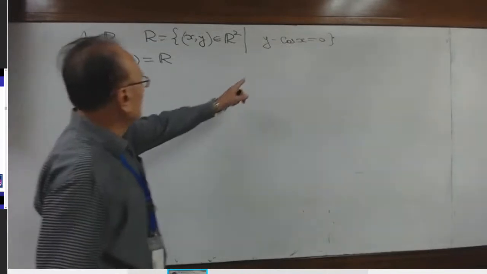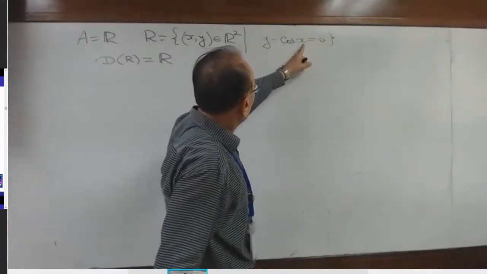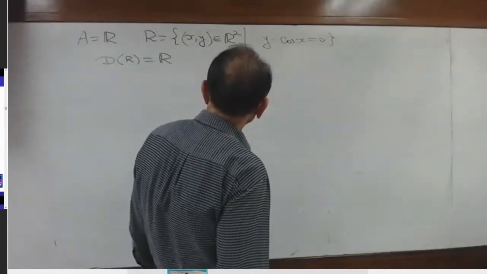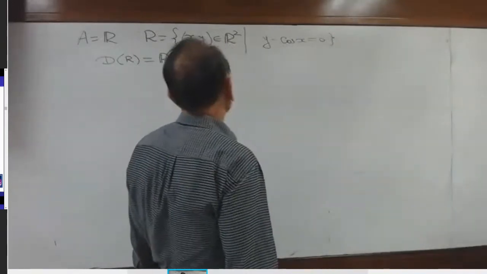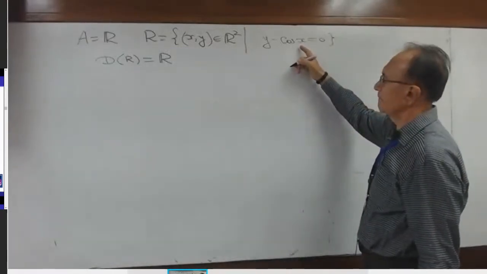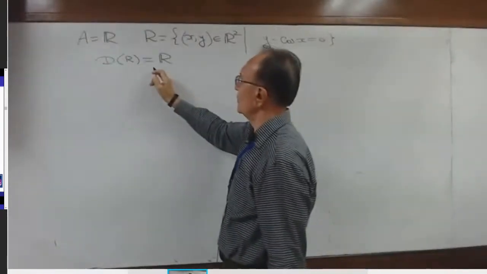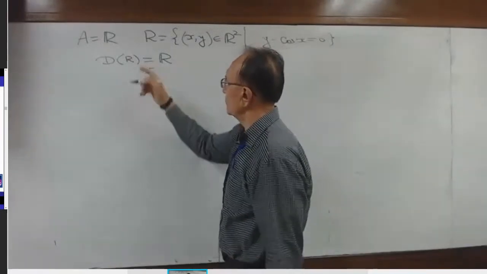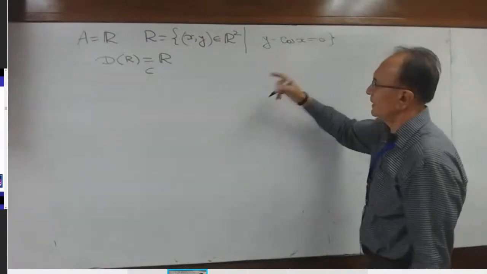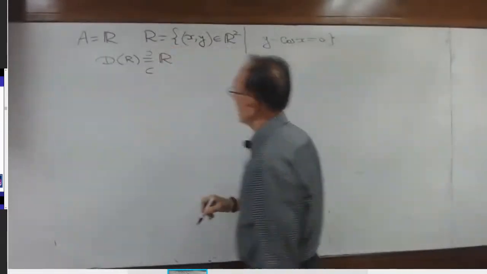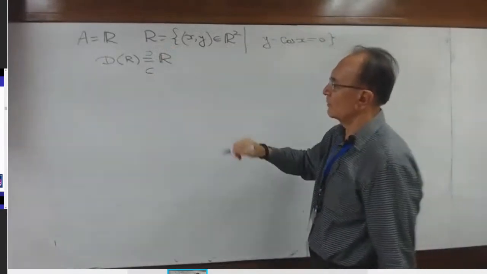Why is the domain R? Because you can take any real number. We know this inclusion. Now I want to prove the other part: why R is a subset of the domain.